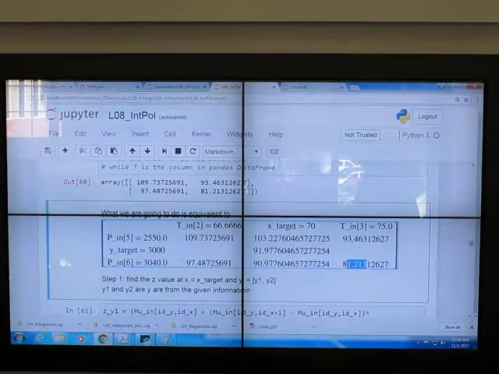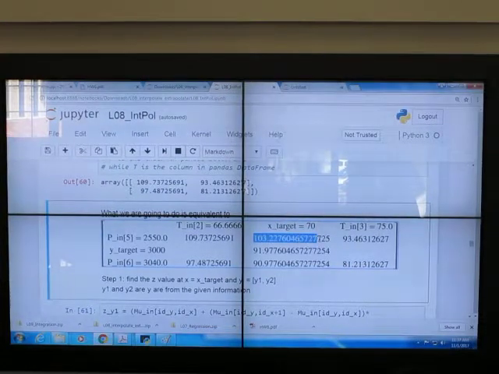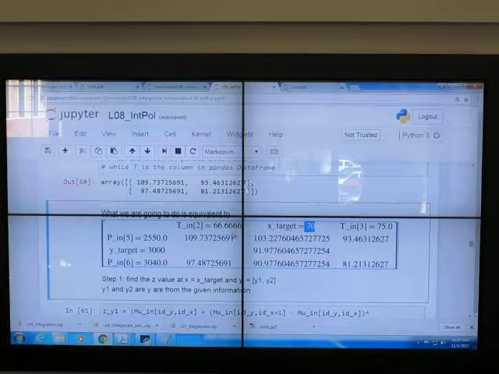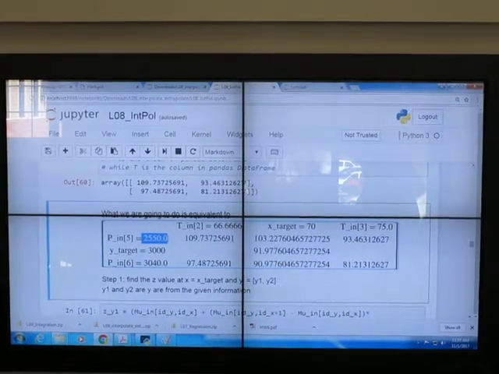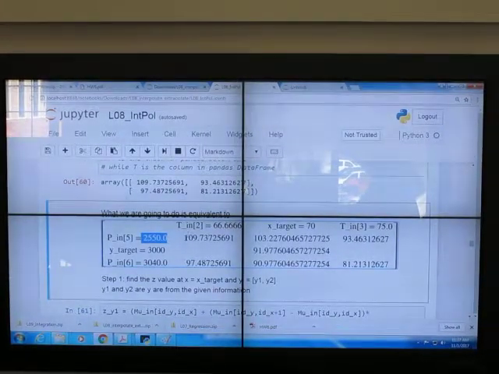2D linear interpolation means there are 2 ways of doing it. One way is you find viscosity at the target temperature for pressure equal to 2550. So you interpolate between that point and that point to get the value at the temperature of interest, but it is not at the pressure of interest yet. It is the lower bound.